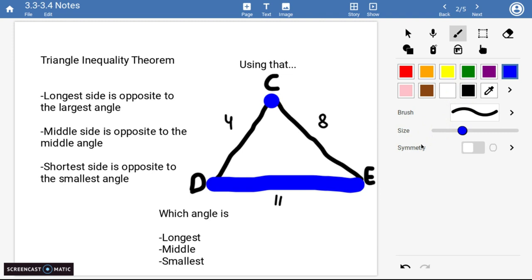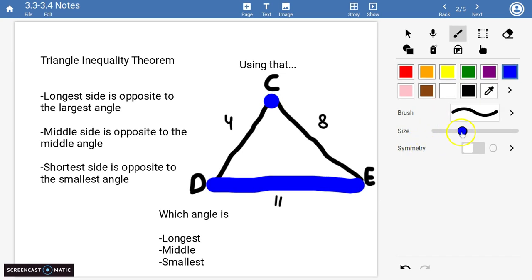And then the middle one. 8 is in the middle. It is the next largest one, and it is opposite to the next largest angle, which is going to be this D right here.